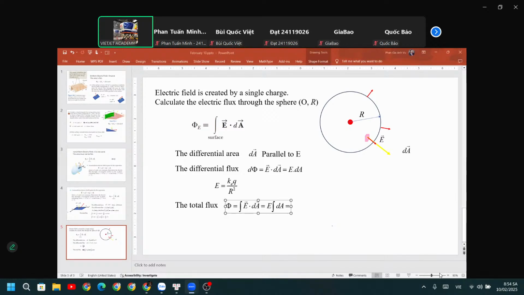I substitute the E. E is KE Q over R squared. The dA is 4 pi R squared.